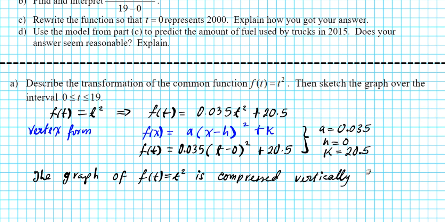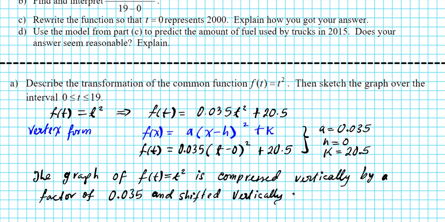It's compressed vertically by a factor of 0.035, the value of a, and shifted vertically upwards by how many units? By 20.5 units, because we have plus 20.5 as our k value.